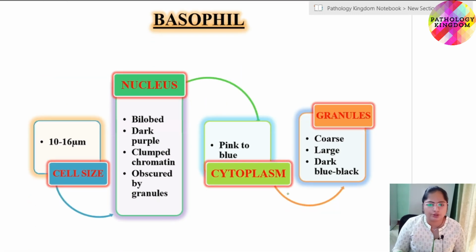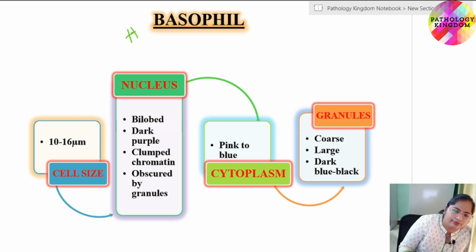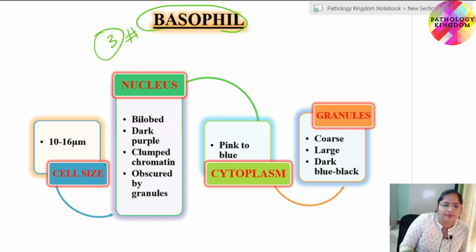Now coming on to the third type of granulocyte, that is basophil. Its cell size is similar to neutrophil and eosinophil, that is between 10 to 16 micrometer. Now, coming on to the nuclear features. It has a bilobed nucleus similar to eosinophil.